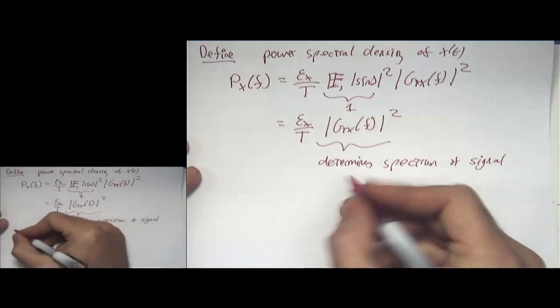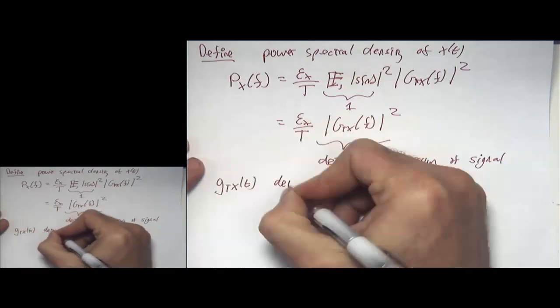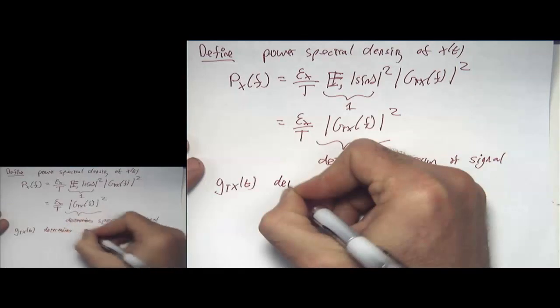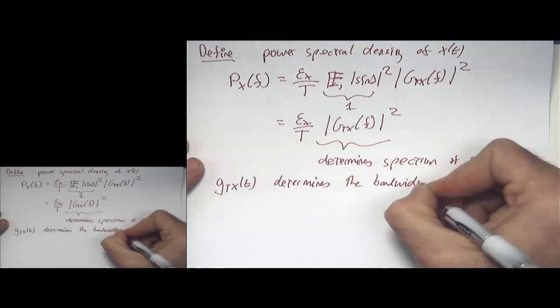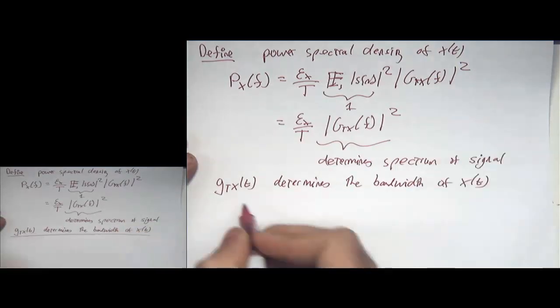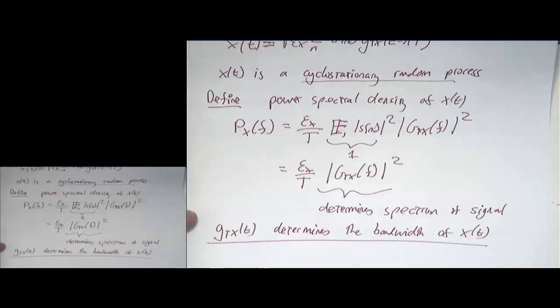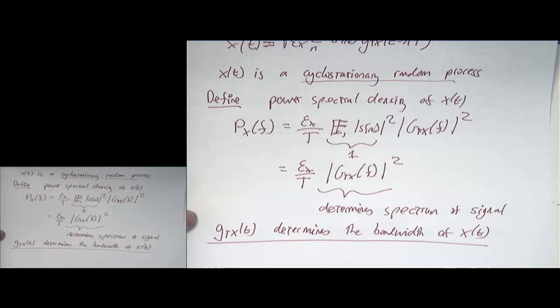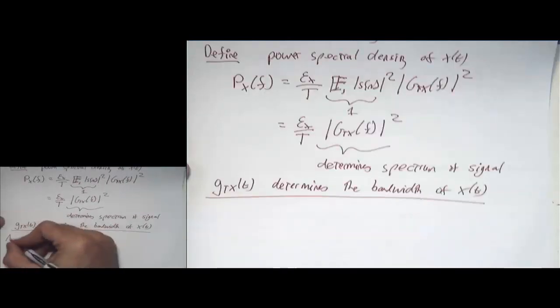So g_tx(t) determines the bandwidth of x(t). Now, what about normalization here? What about power? Well, we also have another normalization.